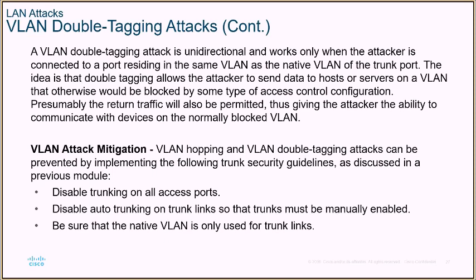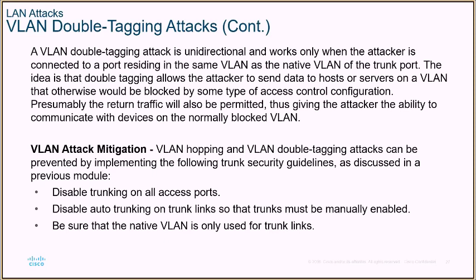VLAN hopping and VLAN double tagging attacks can be prevented by implementing the following trunk security guidelines. We disable trunking on all access ports. You disable auto trunking on trunk links so that trunks must be manually enabled, and be sure that the native VLAN is only used for trunk links. Previously we were talking about only having management traffic on the management VLAN.